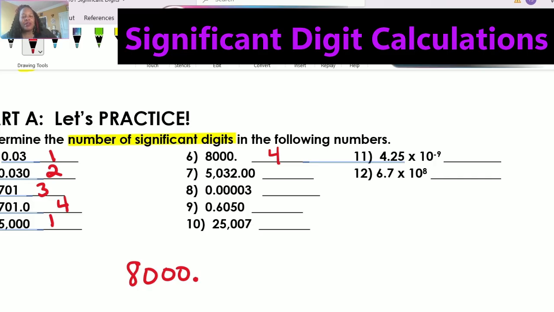What about number 7? 5,032.00. Bailey, Jock, Shaquana, all of y'all, Candy Key, y'all are on point. Low, yes. Alicia, yes. 6 is correct. Very good, very good. All right, what about number 8? 0.00003.